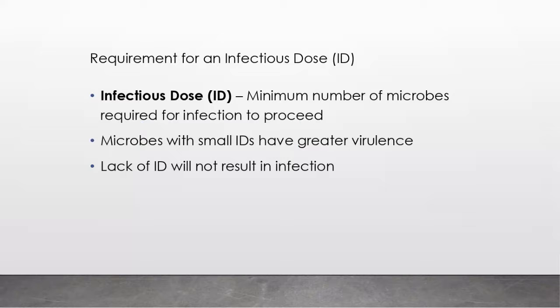Now, when we talk about the infection, then we have to know the ID, which is the infectious dose of the pathogenic microorganism. So the ID is actually the minimum number. So this is the lowest number of virus or maybe bacterial cell that can start the infection.